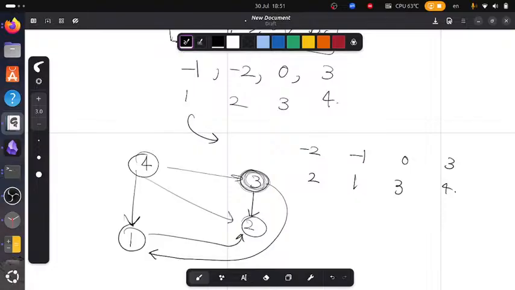But can 3 go to 4? Can 3 go to 4? And the answer is no. It can never go to 4.